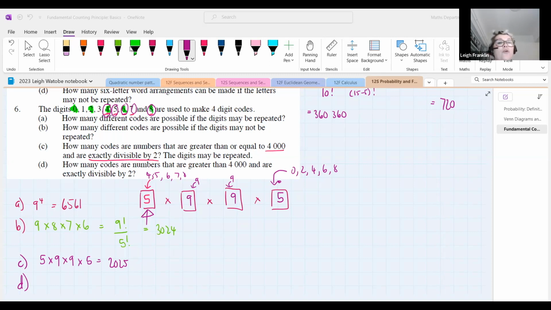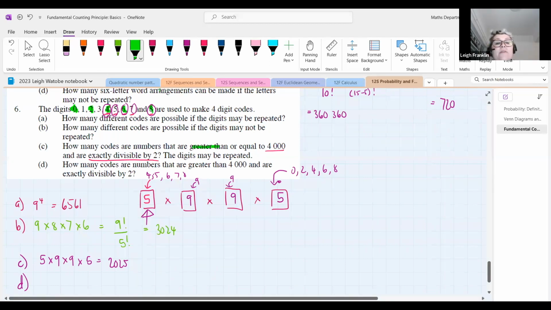So it's in the words here, greater than or equal to 4,000. Okay, so including the number 4,000, listen carefully, including the number 4,000, there are 2,025 numbers that are greater than 4,000 and divisible by 2.